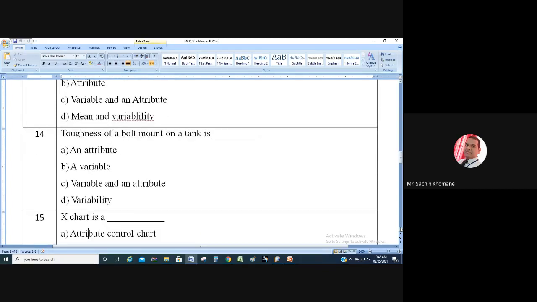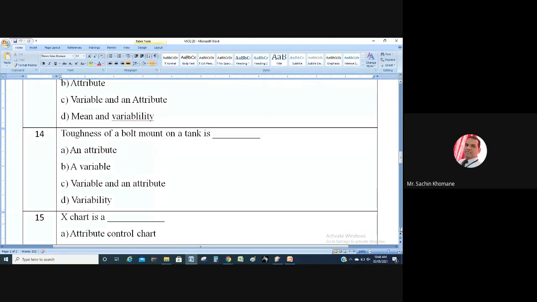Now tell me, toughness of the bolt mounted on the tank is a variable, an attribute, or variability? Can you measure the toughness? Yes, so it is a variable.